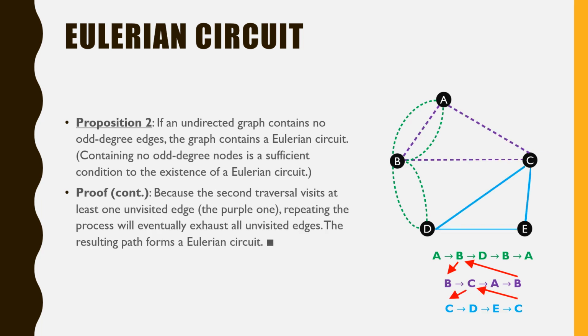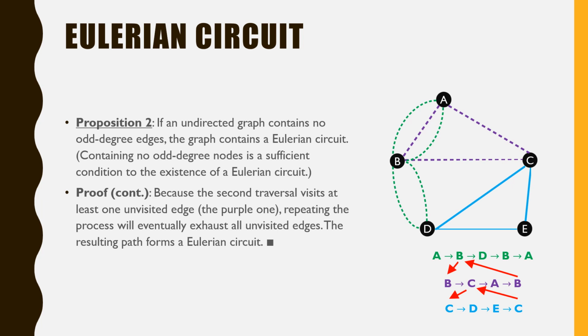It is important to know that each new traversal consumes at least one previously unvisited edge, such as edge BC in our example. By repeating this process, we continue discovering and splicing new cycles into the existing path, progressively consuming more unvisited edges.